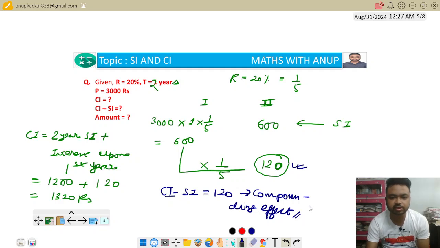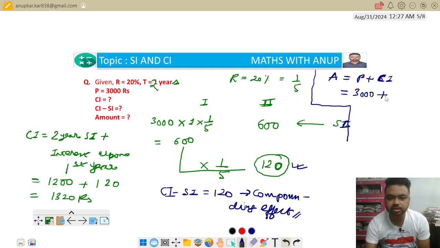Now amount you can easily calculate. This is same as the simple interest formula. So amount equal to what? Principal plus simple interest. Sorry, compound interest. Here we are calculating regarding compound interest. So what is my principal? 3000 plus 1320.